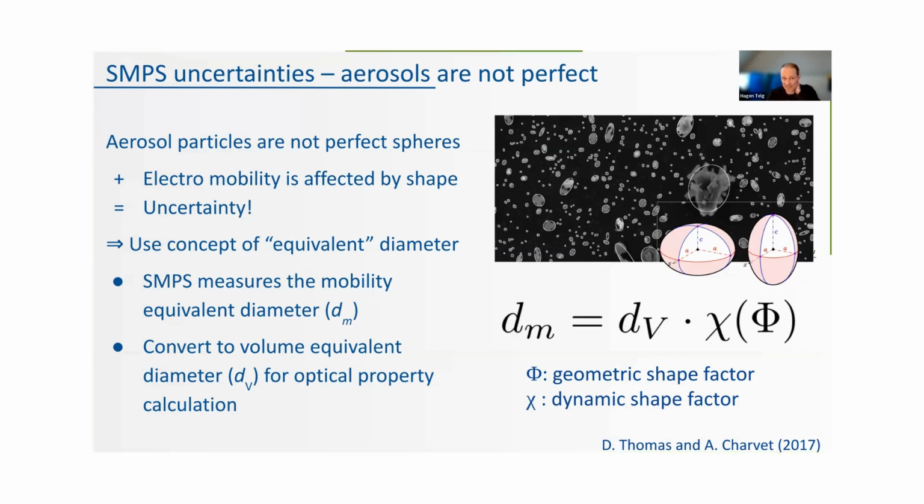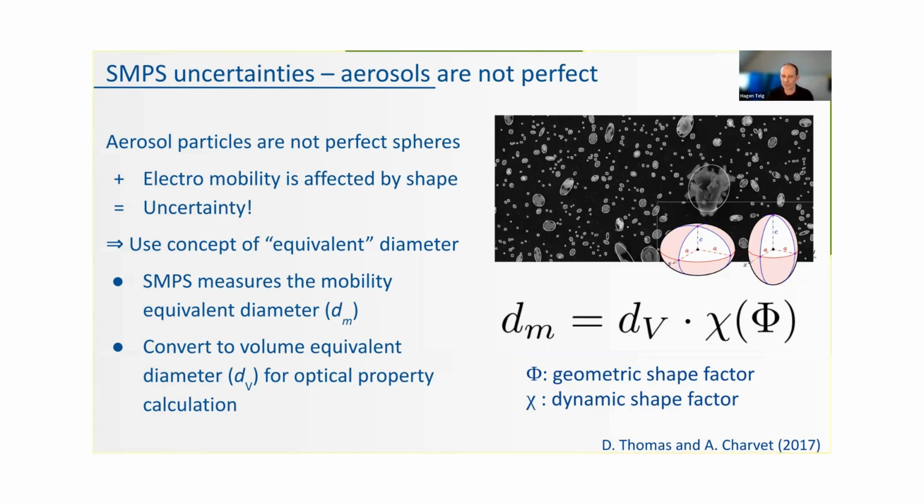Actually, most measurements are one way or the other affected by the shape of the particles, and therefore, to get around that or to somehow describe that, you would use the equivalent diameter. So the SMPS is not measuring just the diameter, but the mobility equivalent diameter. And what we will use later for our optical property calculations, for that we will need the volume equivalent diameter.